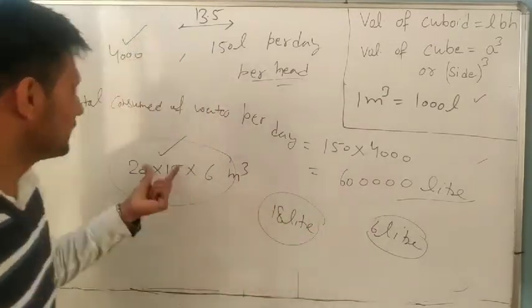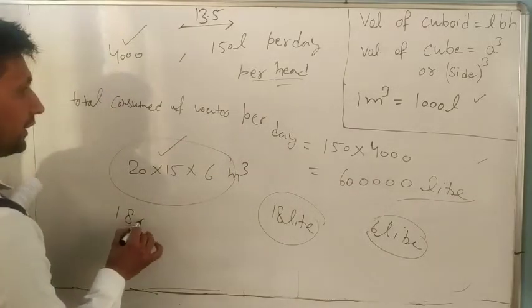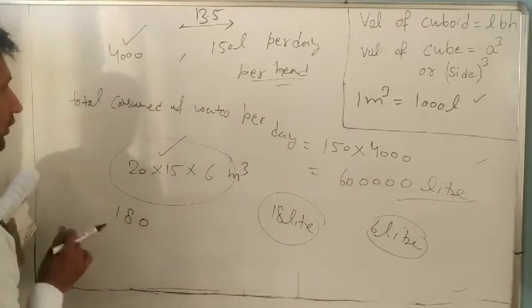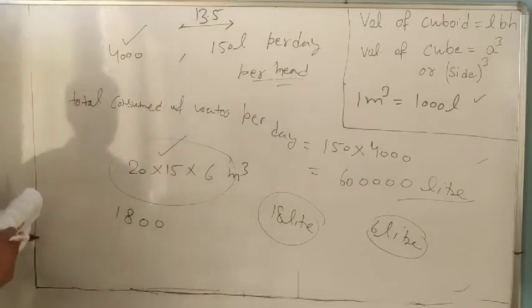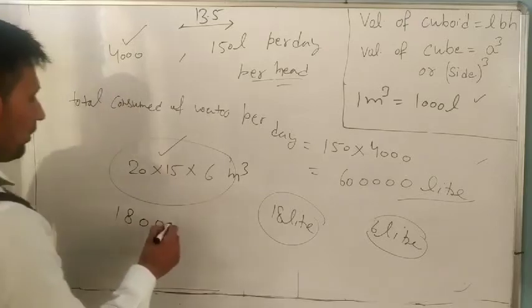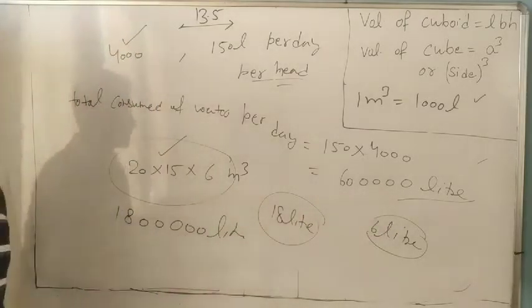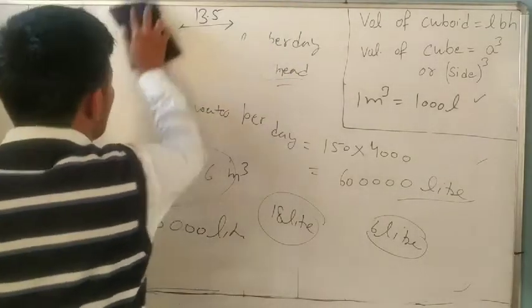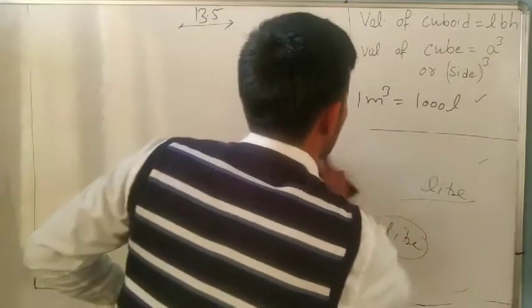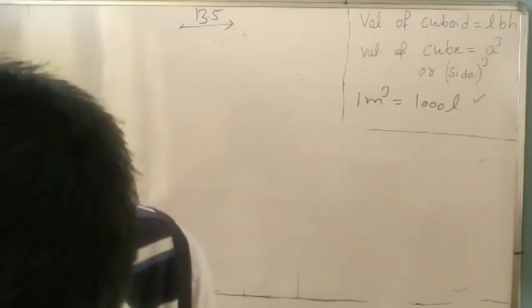In the same way we will find this: the total volume comes, we multiply, and divide by the daily need. So the answer will be 3 days. So find it yourself, I only gave the hint. Next is question number 7.